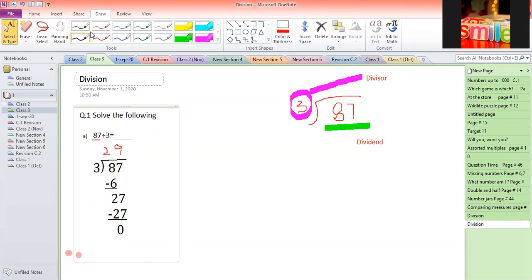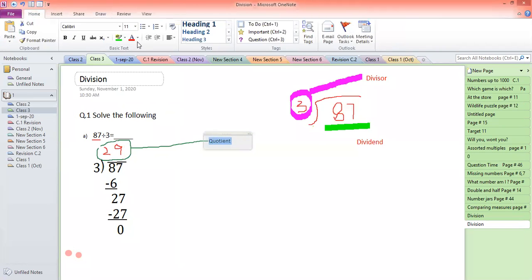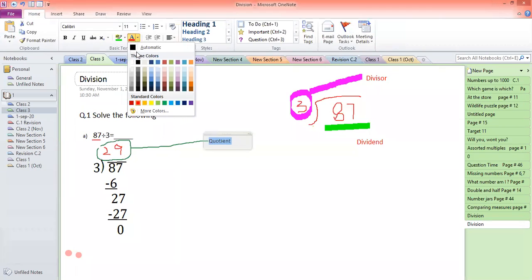So this number is known as quotient. This is known as quotient. And the last number is known as remainder.